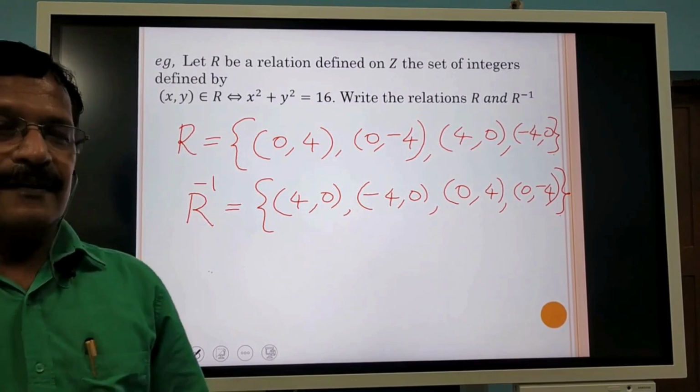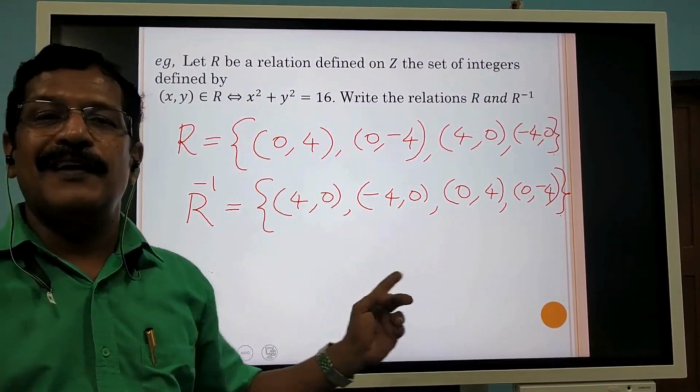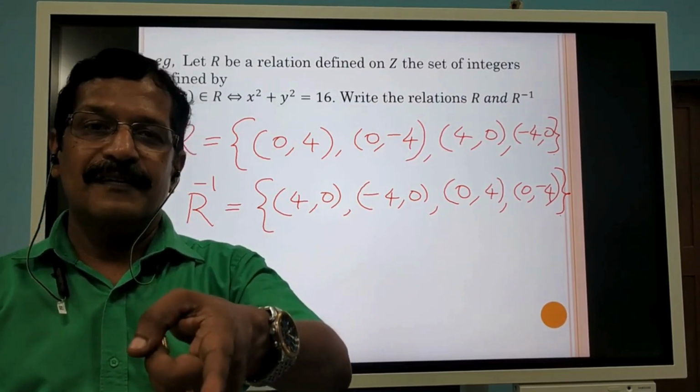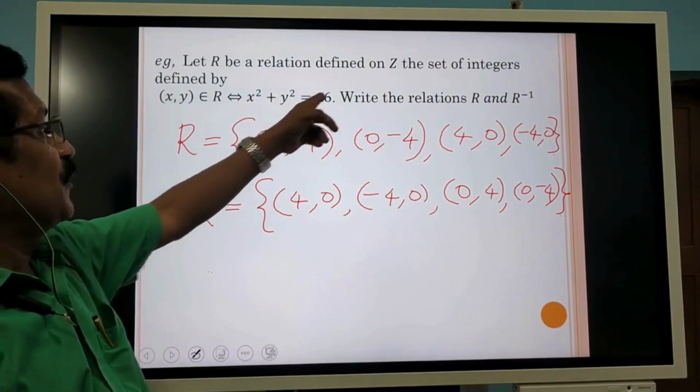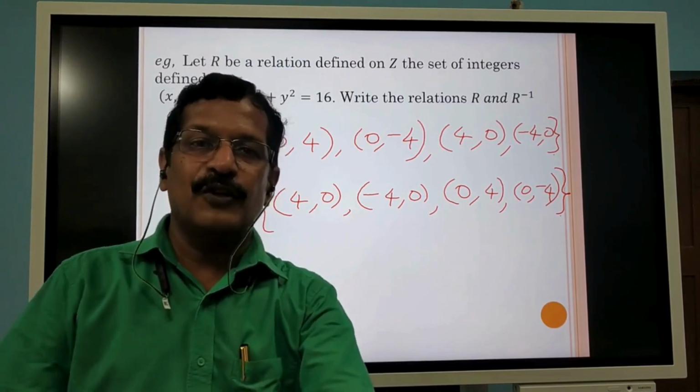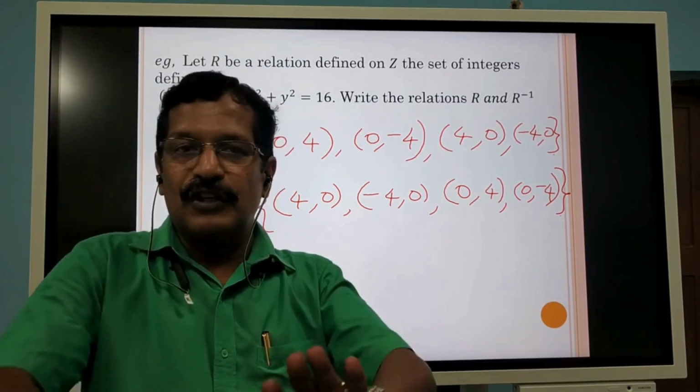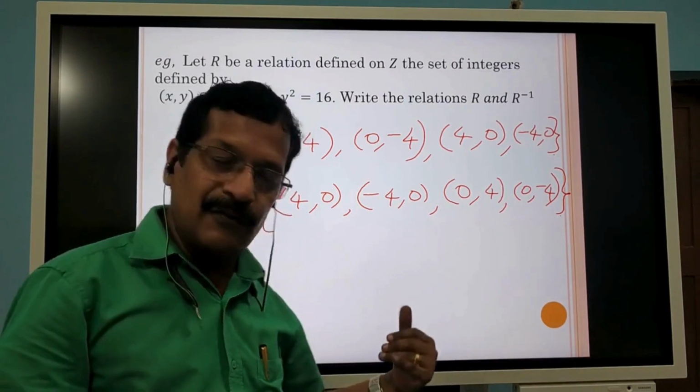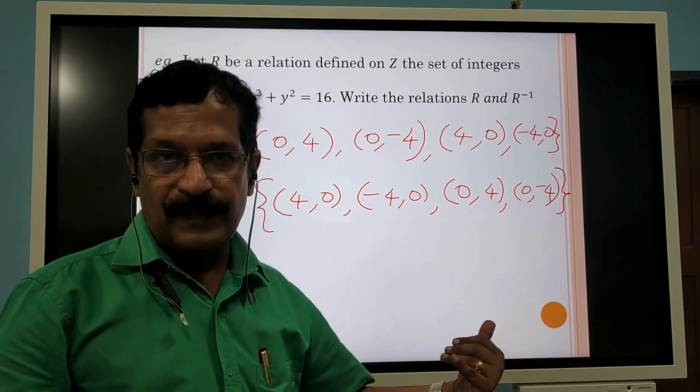Dear children, here there is no distinction between R and R inverse. Because it is symmetric, x square plus y square equal to 16 can be written as y square plus x square equal to 16 also. So there is no distinction between R and R inverse in this particular case.